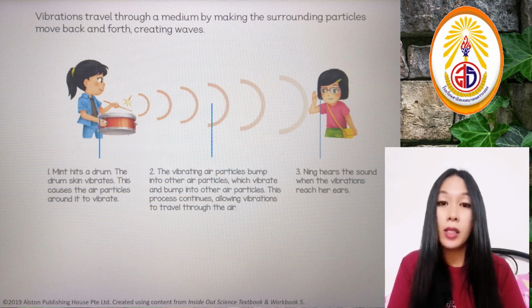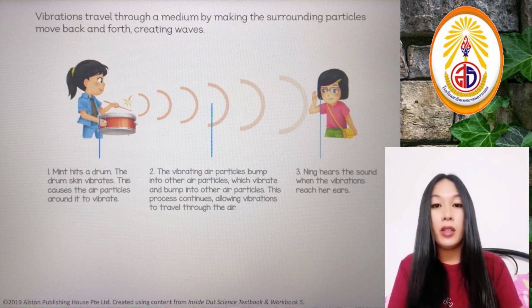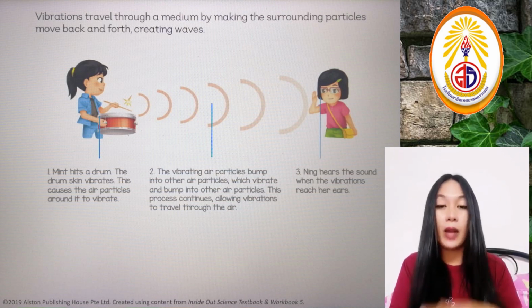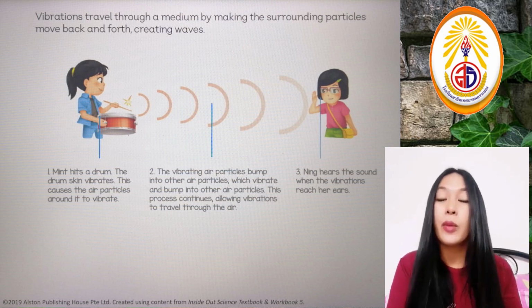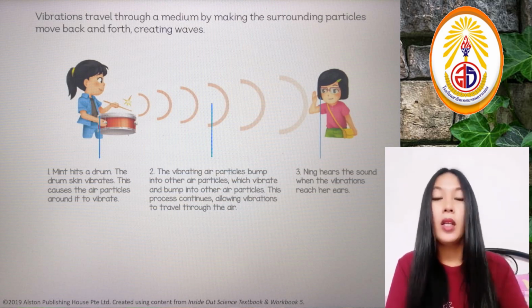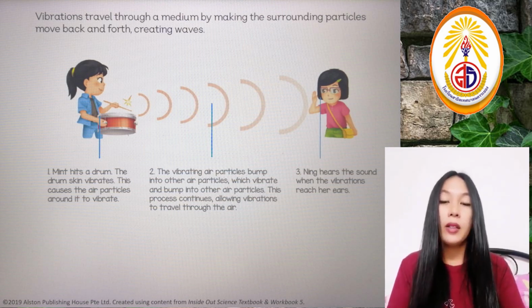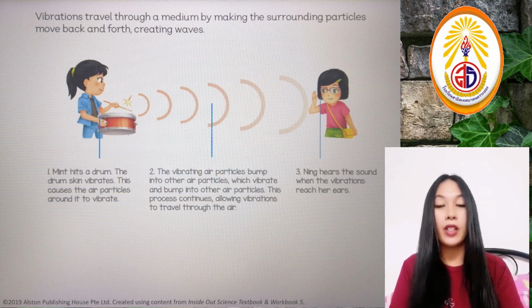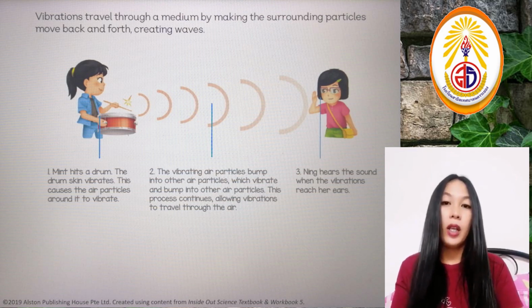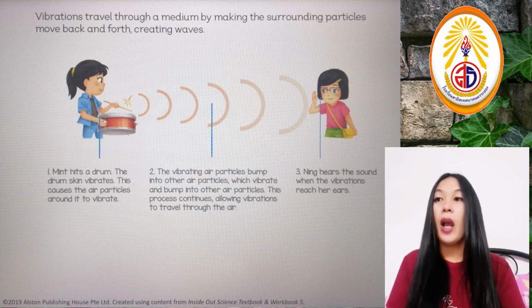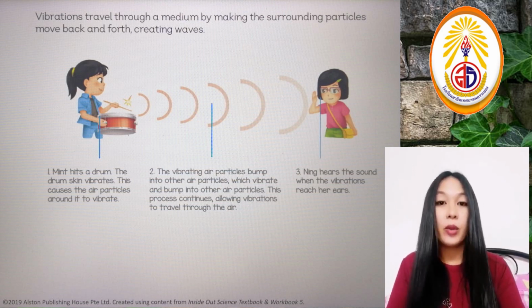That is because the energy in the vibration is gradually lost along the way as they travel through air particles. So now we know that sound can travel through air by the vibration of air particles. So can sound travel through solids?